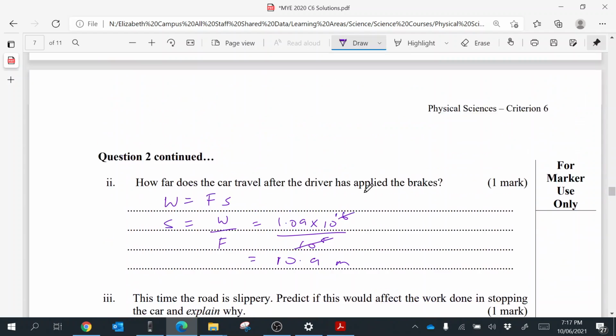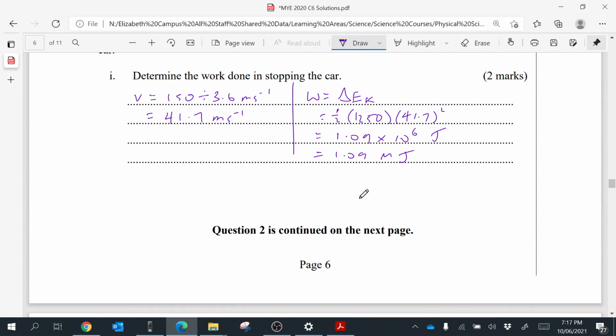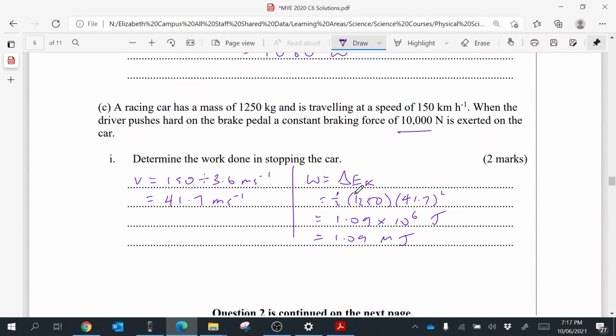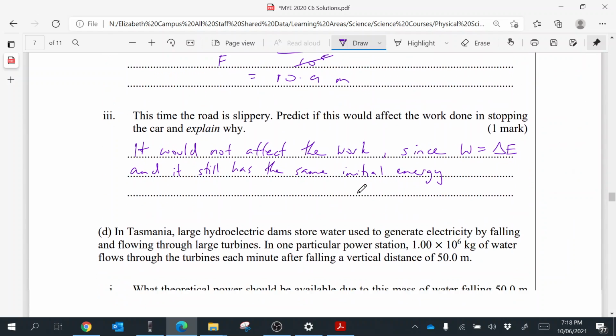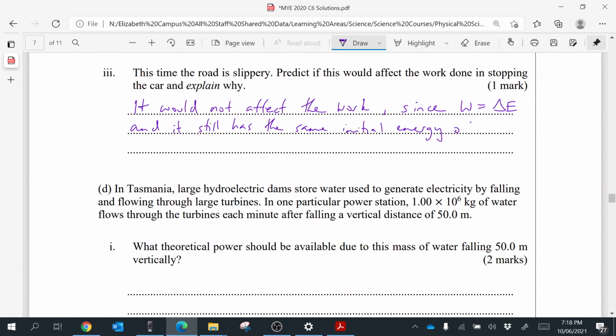And then energy of 1.09 megajoules. The distance would change. So it would take, the distance would be longer, as frictional forces would decrease.